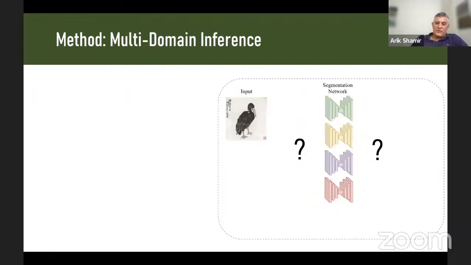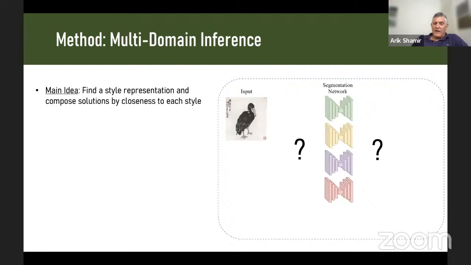So one option is really to use the 4 different segmentation networks and see which one works better. But in fact, first of all, the input could be not from these 4 specific artistic movements. And also, maybe there's a better way to combine the results of the different networks. And that's exactly what we did.